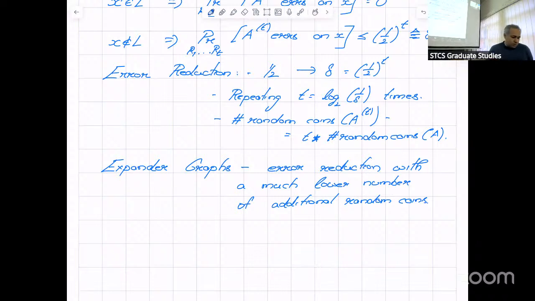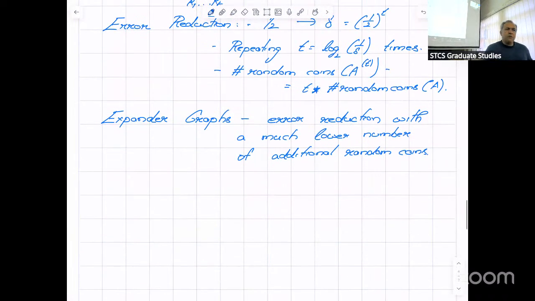And we're going to do it. I don't know, have any of you seen these things before? If you haven't seen this, it is actually a stunning application of expander graphs.